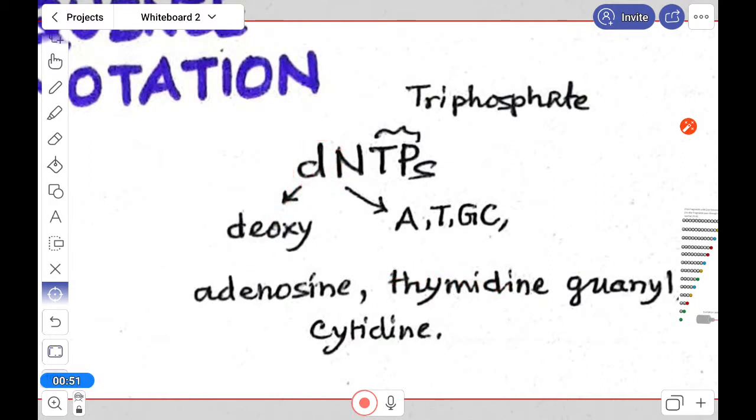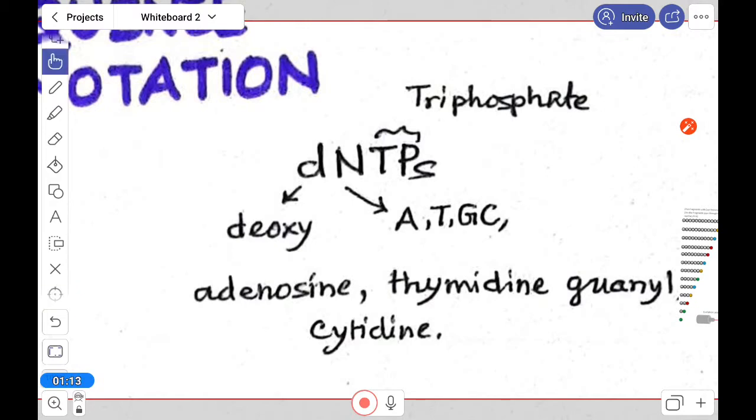So d stands for deoxy, N stands for any of the 4 bases, and triphosphates here. This is the raw material used in DNA replication to synthesize the new strand.